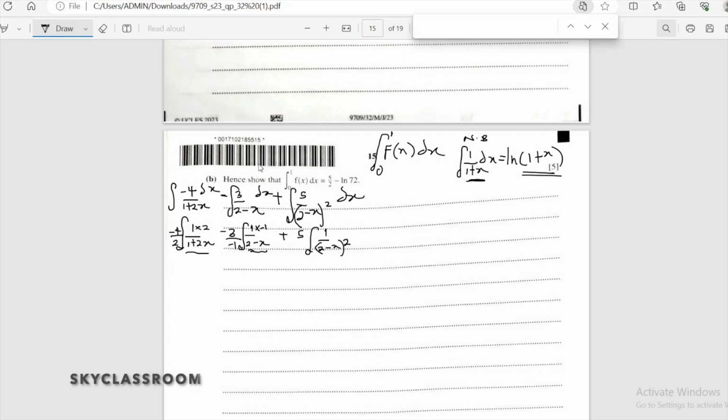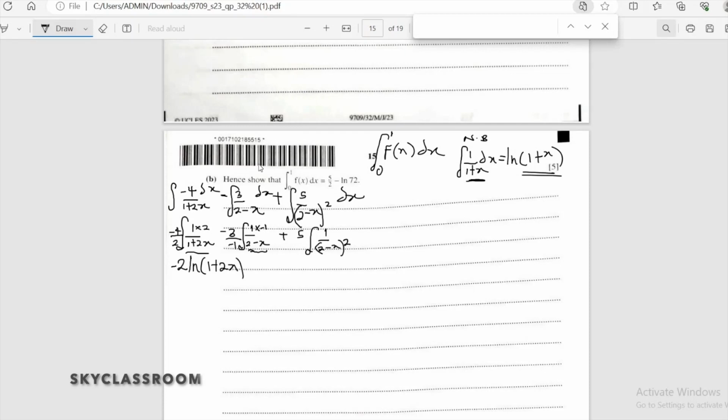Now this minus 4 over 2 will give us minus 2. Remember, when you differentiate this denominator 1 plus 2x, we have 2, and what is on top? 1 times 2 is 2. So the answer will give us ln(1 plus 2x).